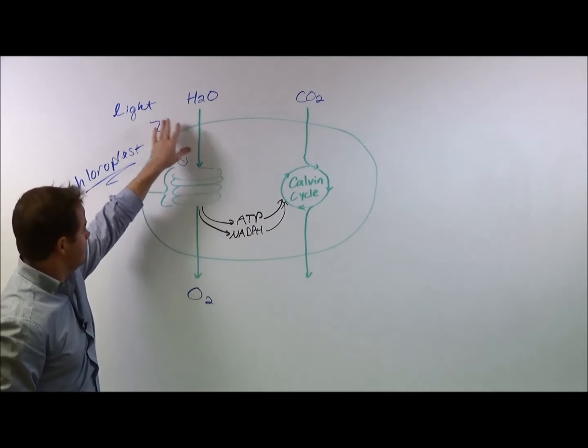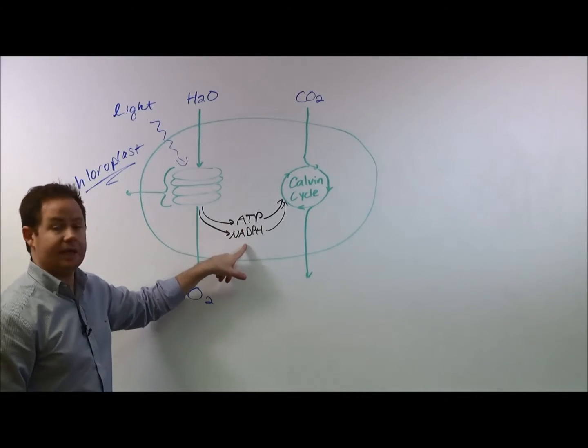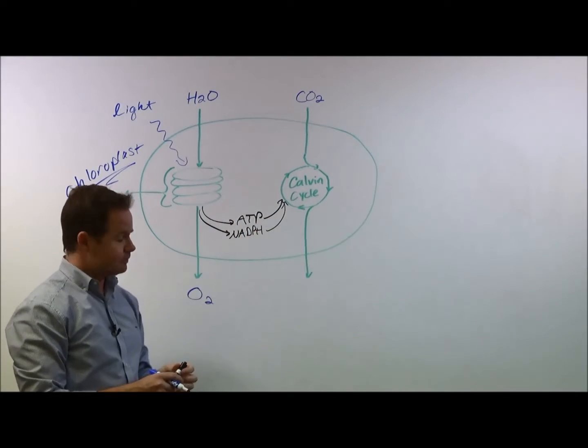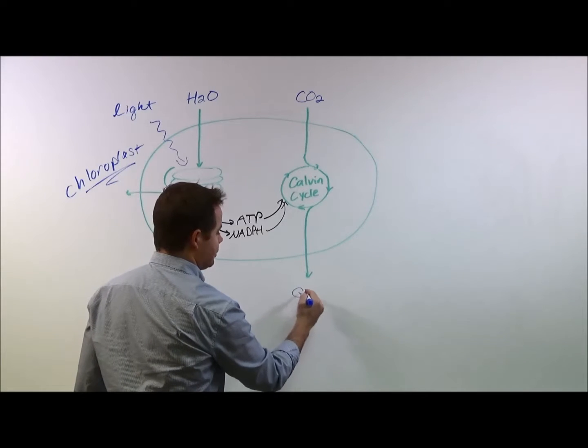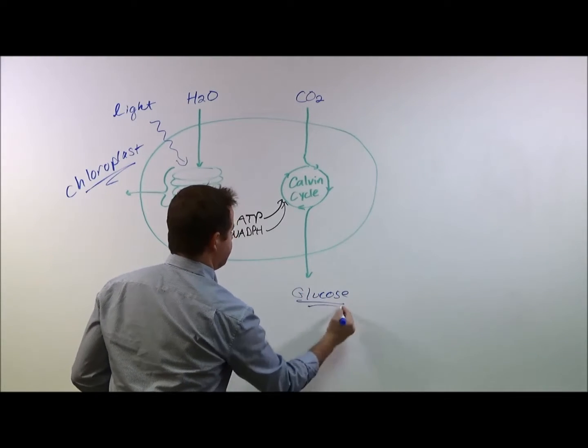So water and light come in, we get oxygen out, and then ATP and NADPH are used from the light reactions in the Calvin cycle, along with the carbon dioxide. And what we get out of that is going to be sugar. So I'll put glucose here so that we see it in the form of glucose.